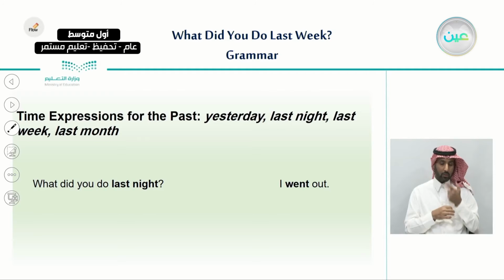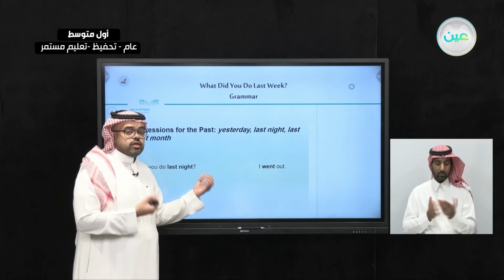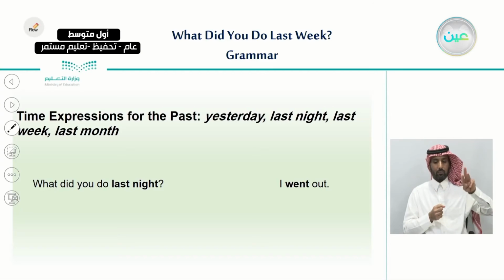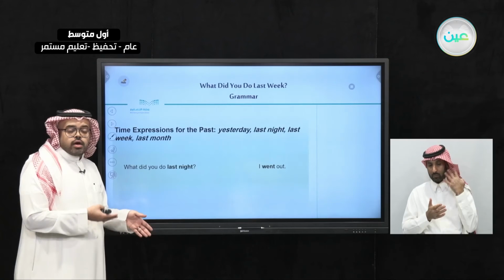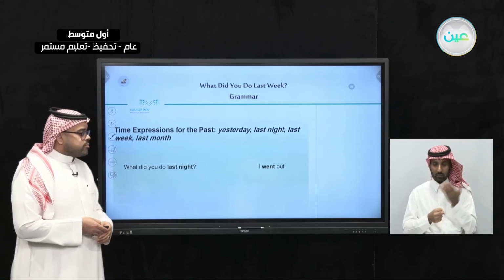So here we have questions in the past. We're using did and also the time expression last night. How can you answer such questions? By only using the past form of a verb. In this case, it will be I went out. So this is how we can make questions. These are the forms of regular and irregular verbs in the past.